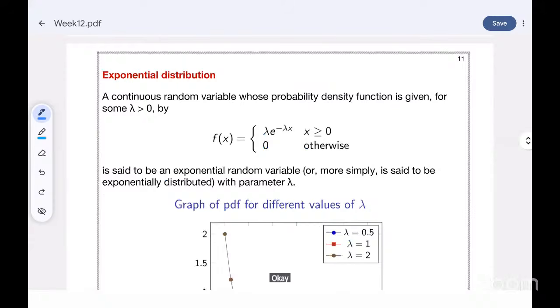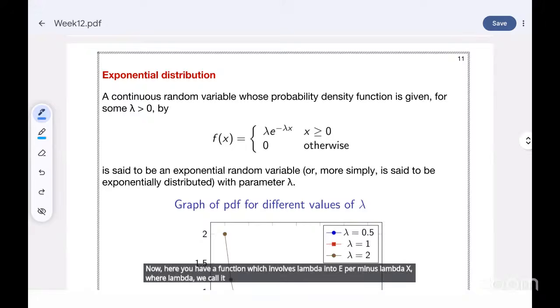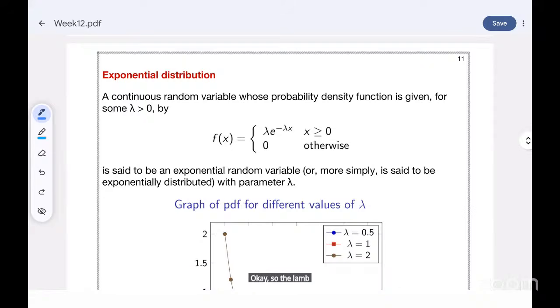Okay. So now the exponential distribution is a little bit more involved compared to the uniform distribution, right? It was much simpler. Now here you have a function which involves lambda into e power minus lambda x, where lambda we call a parameter. The lambda will be changing for different problems.